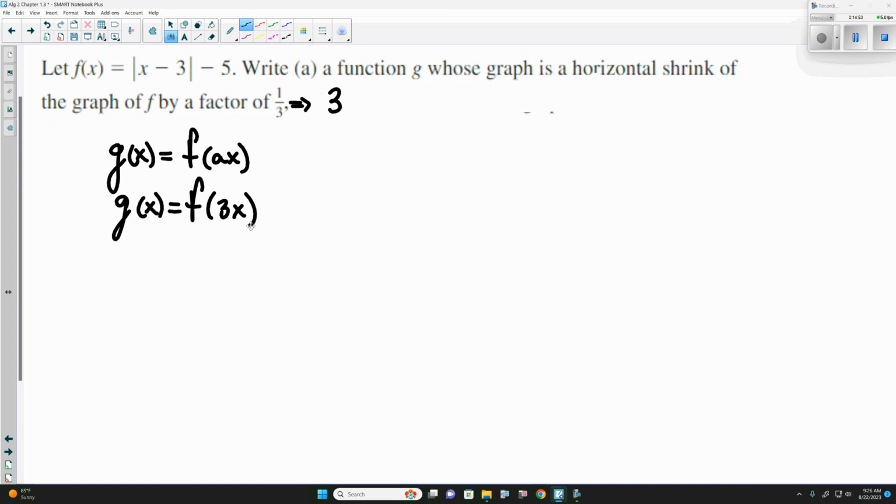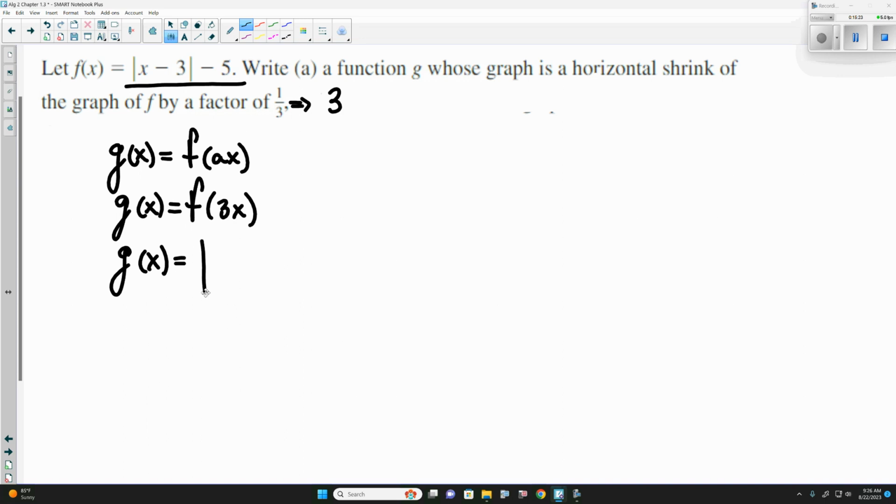If it had been 2/3, we would have plugged it in as 3/2. Or if it had started out as 3, we'd plug it in as 1/3. Now, just like with our reflection across the y-axis or our horizontal translation left and right, we don't have f of x anymore. We have f of 3x, which means every x in our original function has to be replaced with 3x.